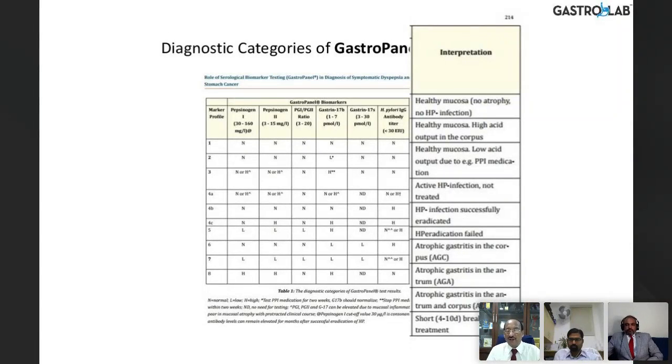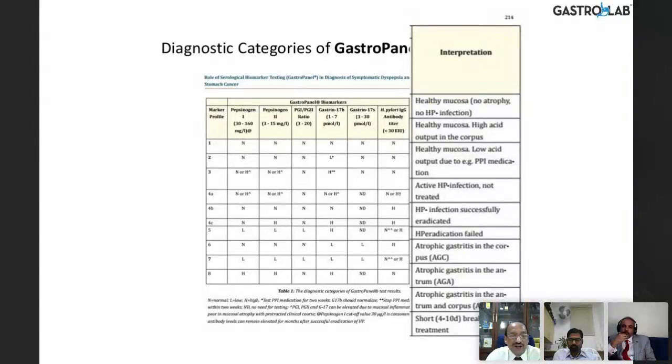Or more than that, we have to rely upon a urea breath test, which is a gold standard, or an endoscopic biopsy has to be done in order to confirm eradication of H. pylori, because this serological test will take 6 months, 12 months, and 24 months to completely go down to normal once there is an active IgG antibody production because of H. pylori infection, even after the eradication.